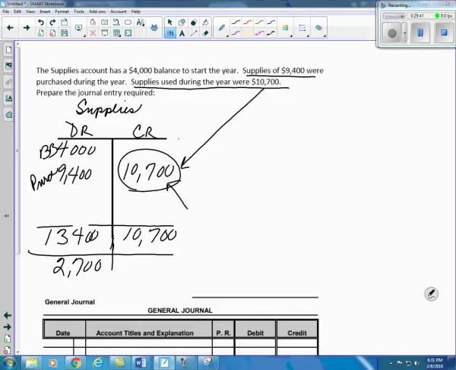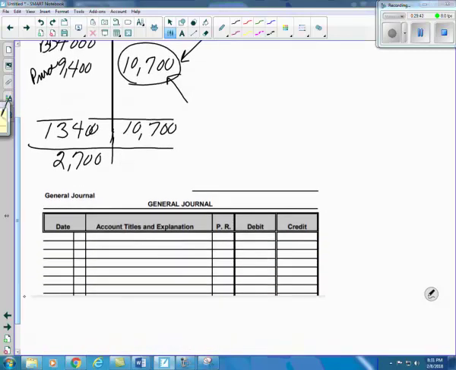If we can just use it, we're just going to come down to our journal entry 1231. It is the same exact journal entry.